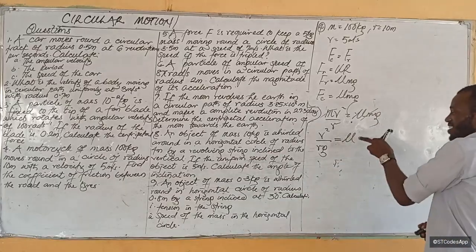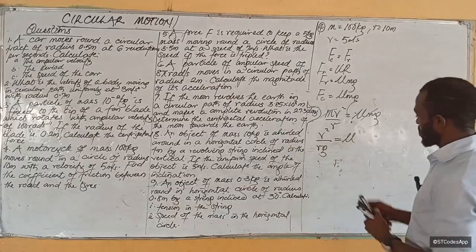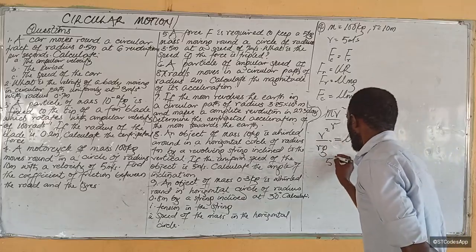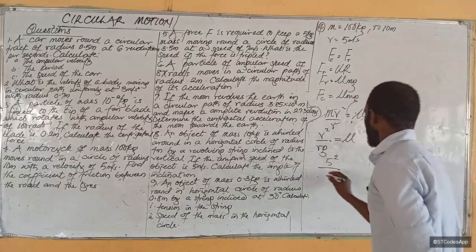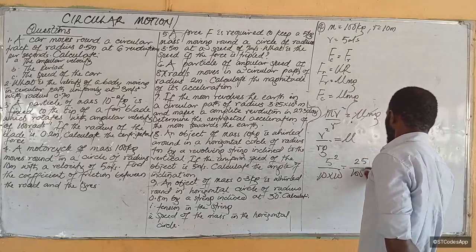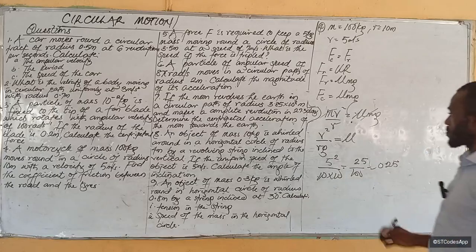That will be the coefficient of static friction as well. So v squared is 5 squared over r g, which is 10 times 10. So that will be 25 divided by 100, which is 0.25.